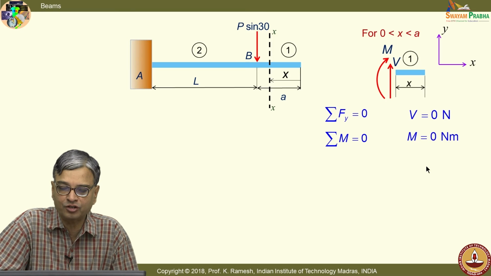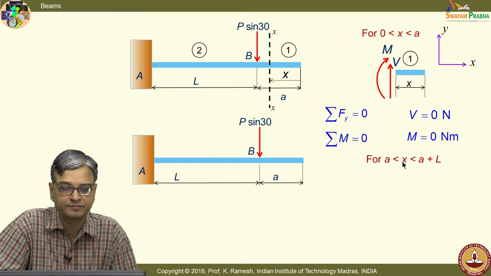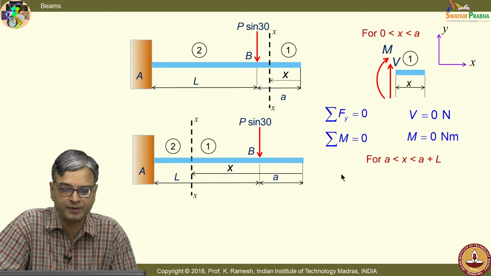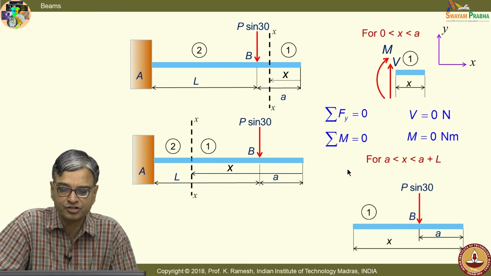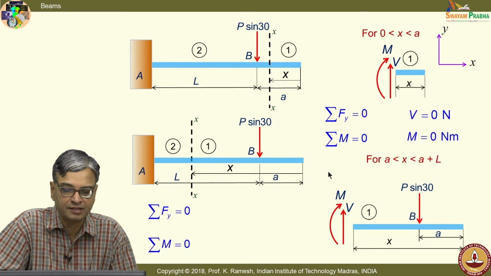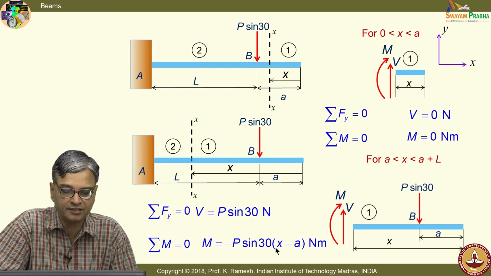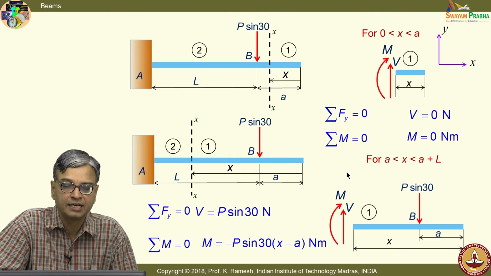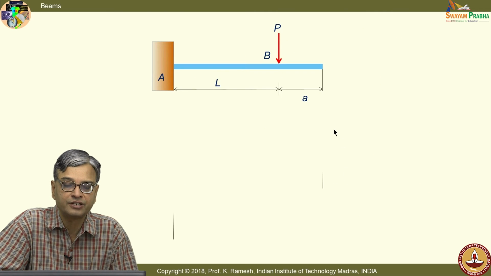So, I get V equals 0 and M equals 0, and I get this shear force and bending moment diagram. This is very simple. I don't think I need to spend more time on it. I will just show this, and you can verify these final answers. I get V as P sin 30 and M as minus P sin 30 into (x minus a), and I draw the shear force and bending moment diagram one below the other.